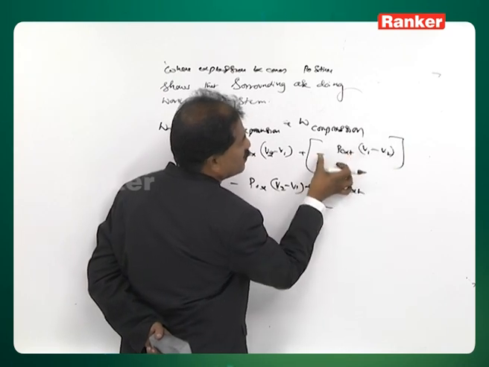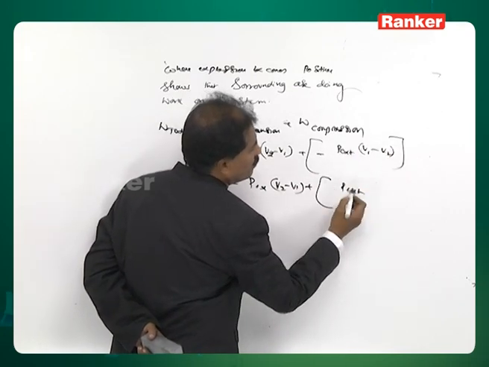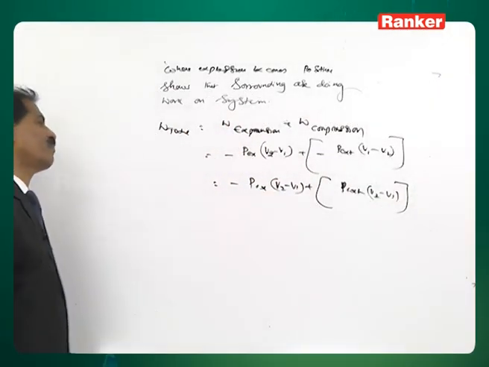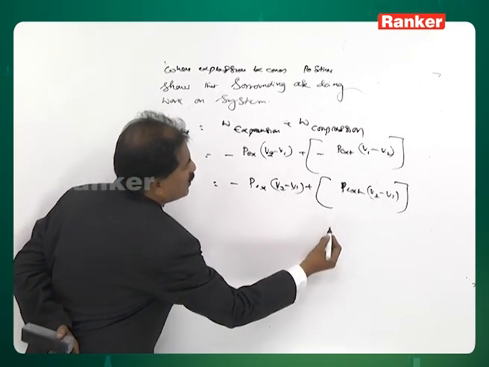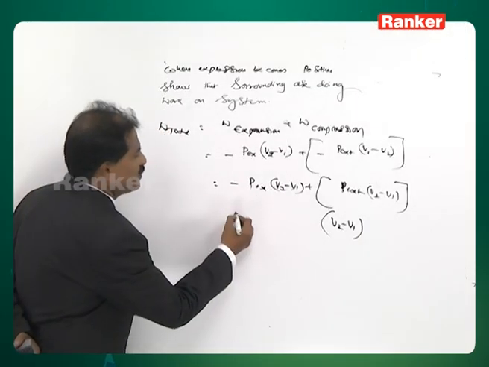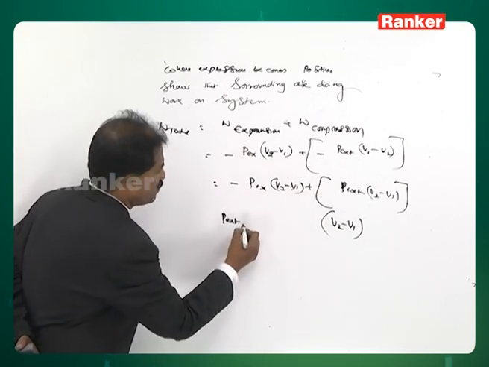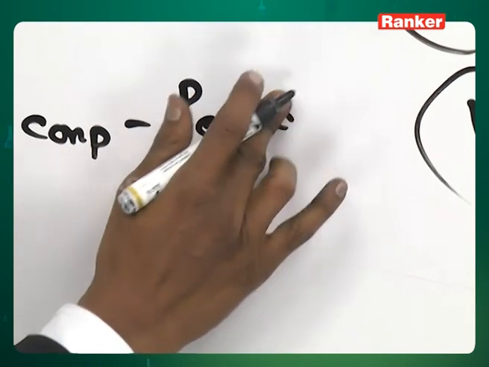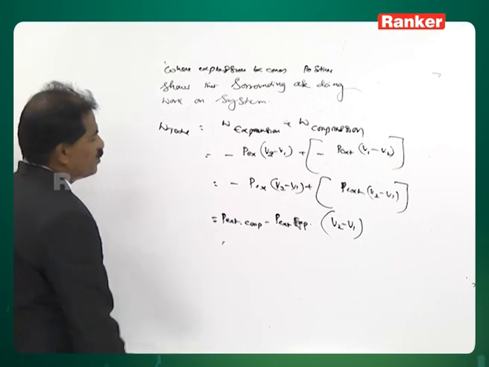If you multiply this whole term with the negative sign, V2 will become positive, V1 will become negative. Therefore, P external V2 minus V1. Let us separate V2 minus V1 as a common term. Here this is positive and this is negative. This is P external during compression minus P external during expansion.